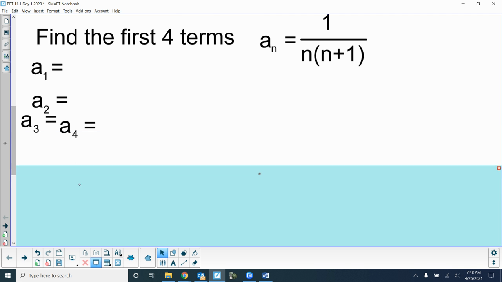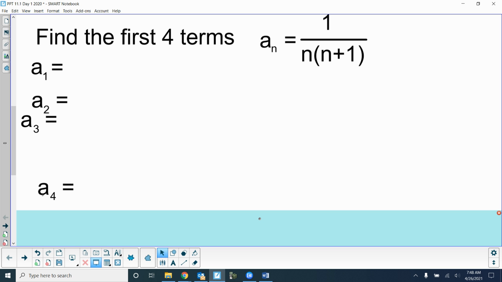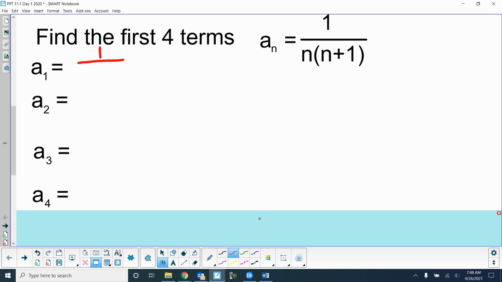We're trying to find the first 4, so a sub 1, 2, 3, and 4. Wherever I see n, since I'm looking for the first term, I put a 1 in. So this would be 1 over 1 times 2, so that would be 1/2 for that first term.